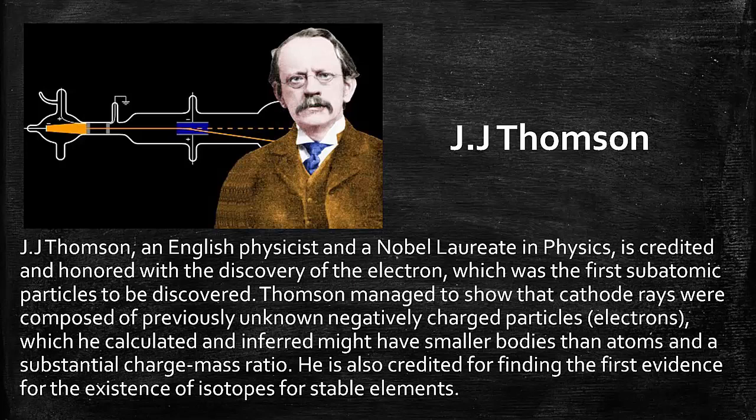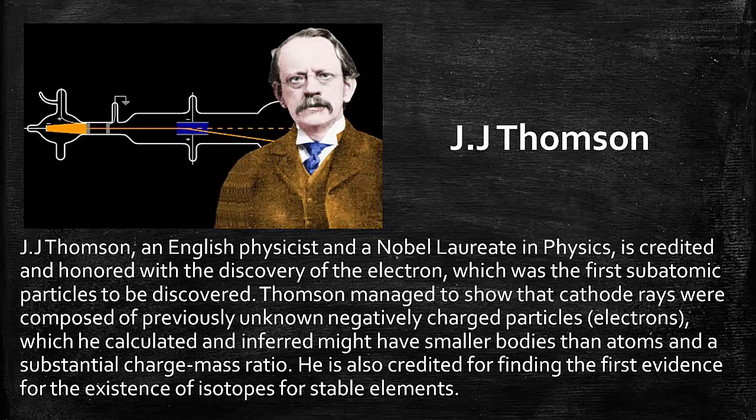J.J. Thomson managed to show that cathode rays were composed of negatively charged particles, which were electrons, which he inferred might have smaller bodies than atoms and a substantial charge to mass ratio. He was also credited for finding the first evidence for the existence of isotopes for stable elements.